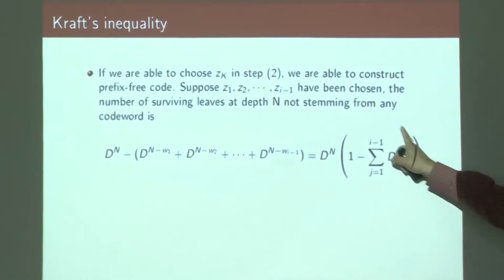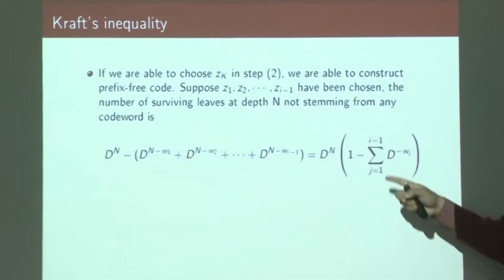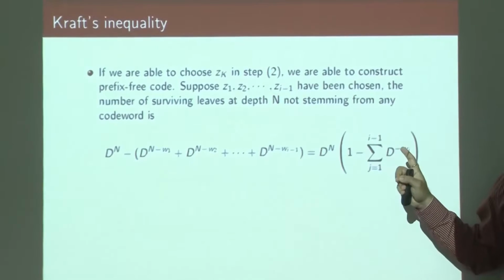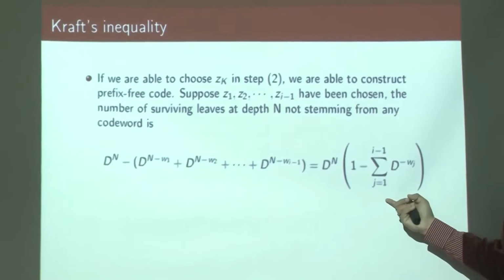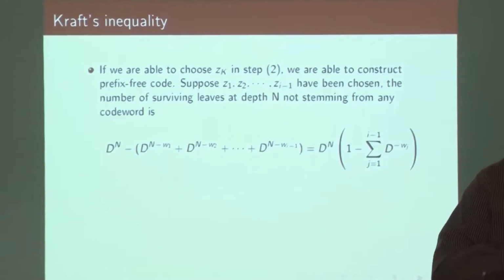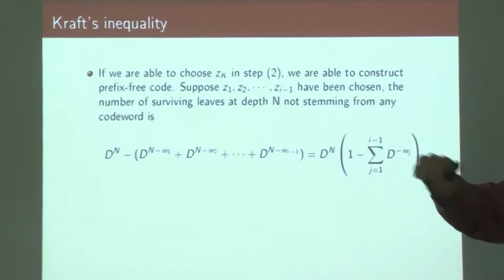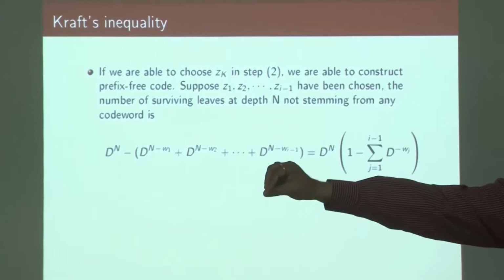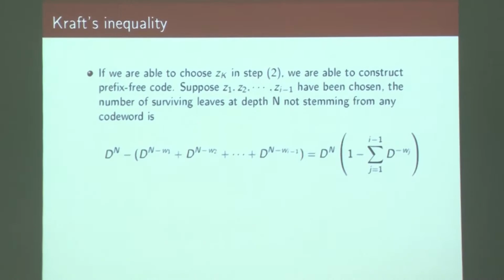So that means for any i less than or equal to k, this number is non-zero. So if this number is non-zero, that means there exists a node or a leaf where I can put this code word. You understand what I am saying?